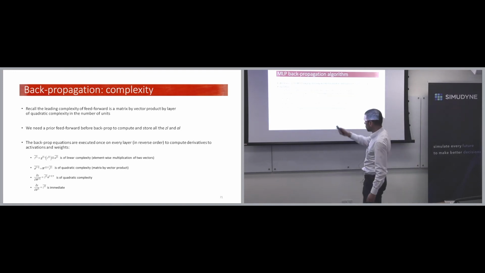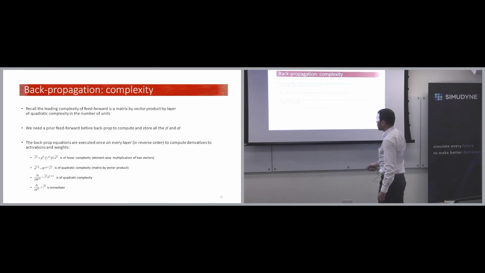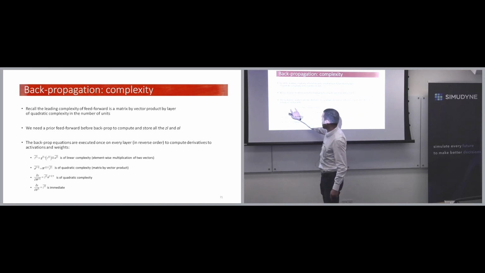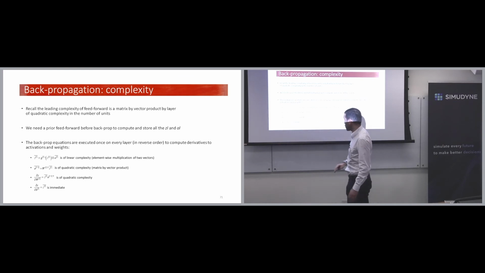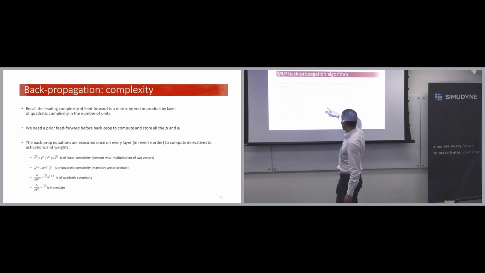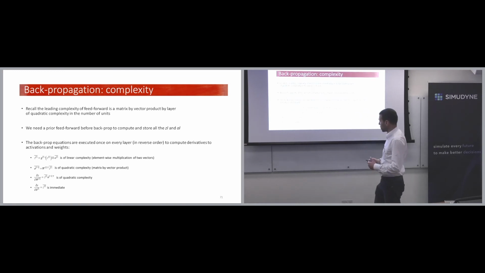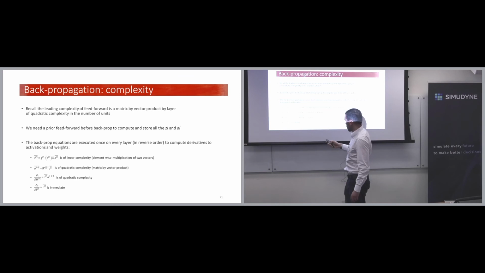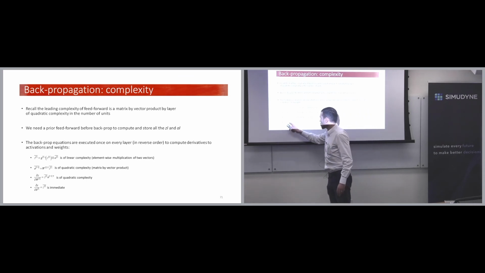So if we look at every one of these equations, we find that this one is an element-wise multiplication of two vectors. So this is of linear complexity, so it's negligible. This is the big one, right? This one here is a matrix by vector multiplication, so this one is quadratic complexity. And this one is also of quadratic complexity. Finally, this is just an identity.